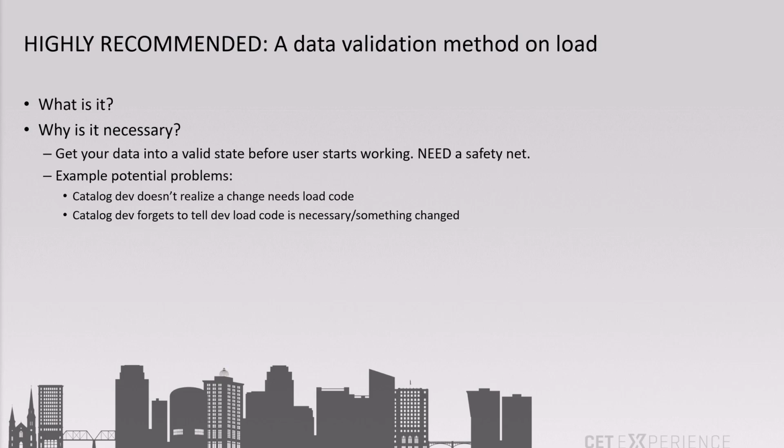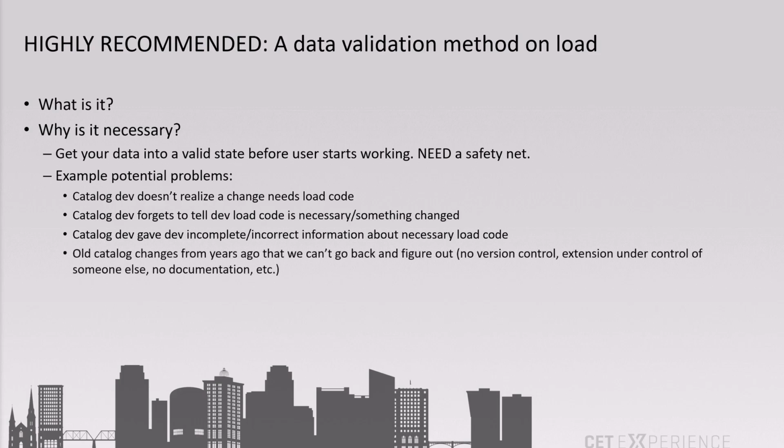But since they were all grouped together in a batch, you didn't realize. It's possible that a catalog specialist could have given me incomplete information because they didn't realize, oh, this other product was actually affected or actually had this feature. Or I could have been given incorrect information about what load code was necessary.